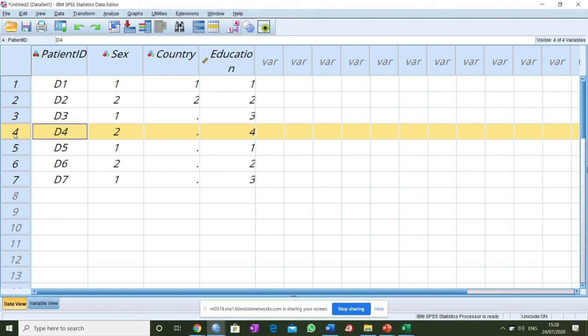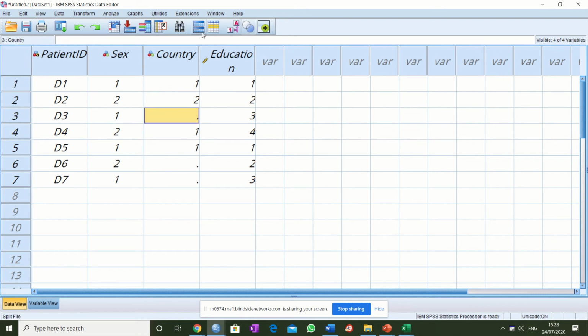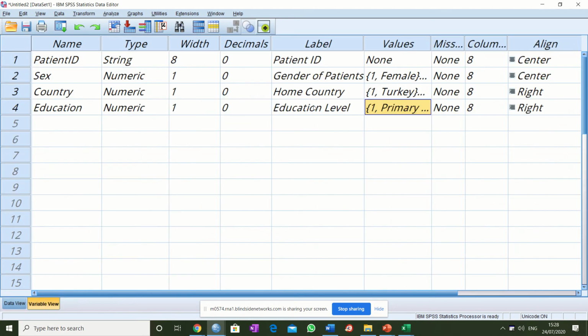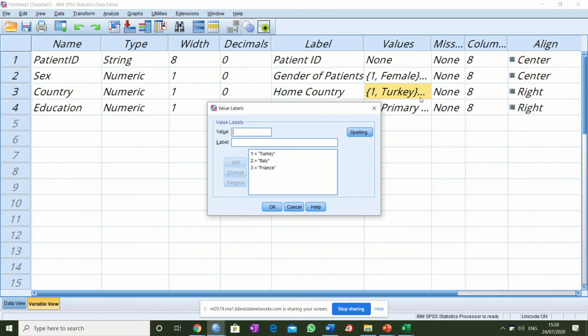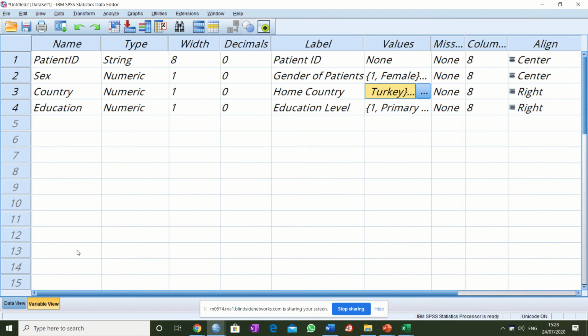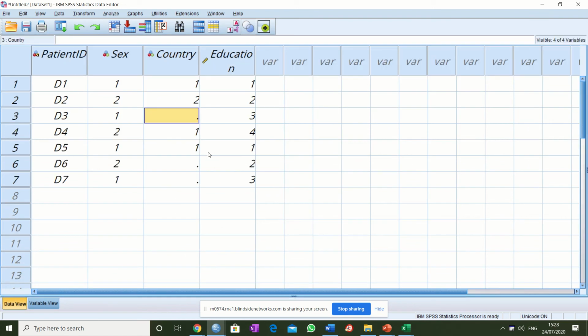So this is the 4th participant here. I write just 1. I can write 1 and 2, because how many countries do I have? Let me look. It was 3. Here I have 3 countries. So I can write 1, 2, 3.